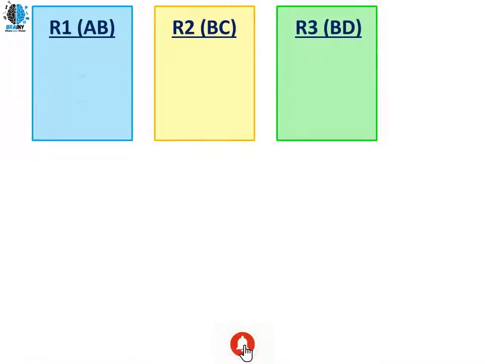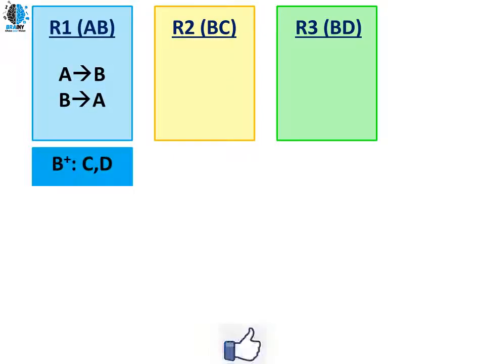So for these three tables, R1, R2, R3: R1 has functional dependencies A to B and B to A, where the closure of B is CD. So A to B is correct, whereas B goes to A does not exist.